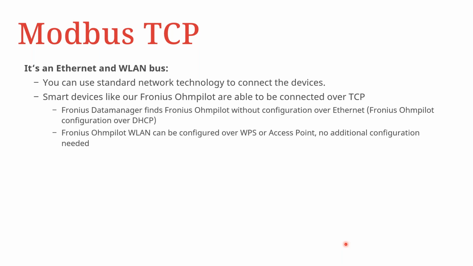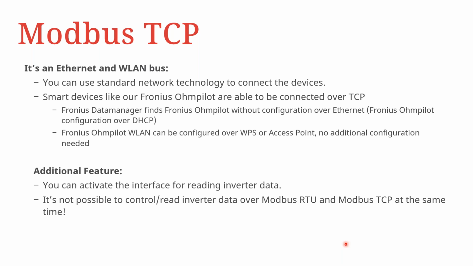And Fronius Ohmpilot via the wireless LAN can be configured using the WPS function or access point of the inverter. Then no additional configuration is needed. As an additional notification, you can activate the interface for reading the inverter data, but then it's not possible to control or read inverter data over Modbus RTU and TCP at the same time. You would have to make use of one of these channels.